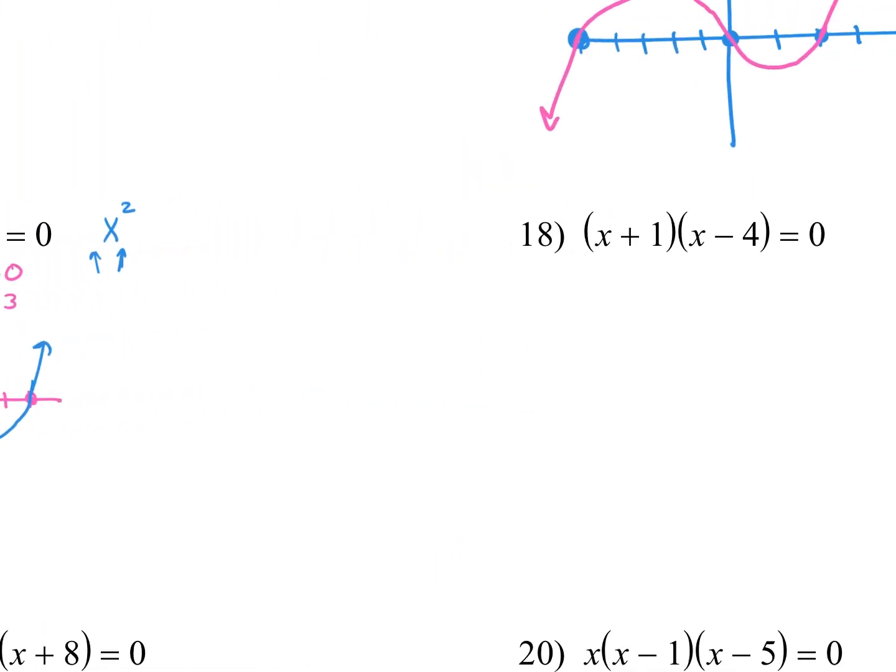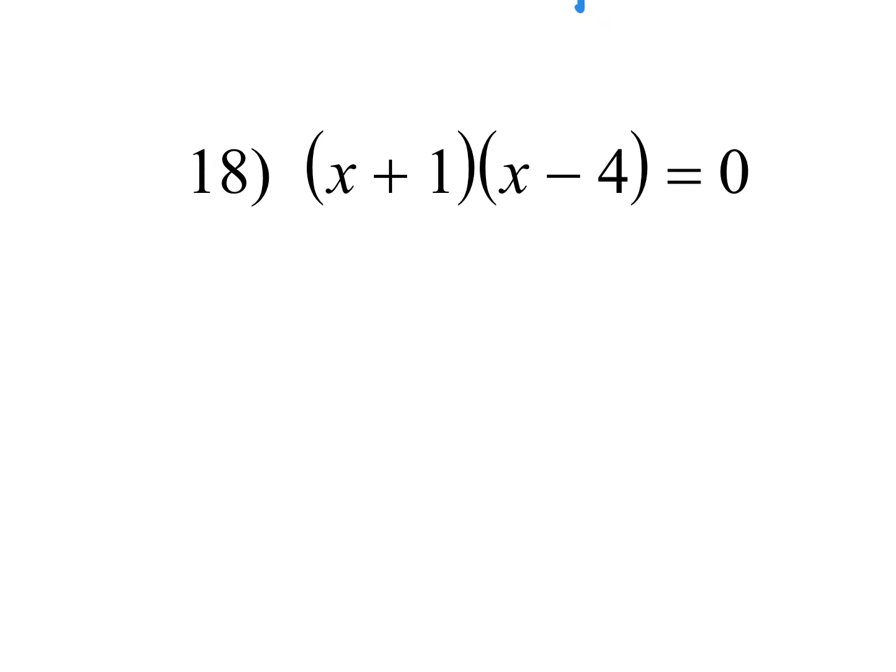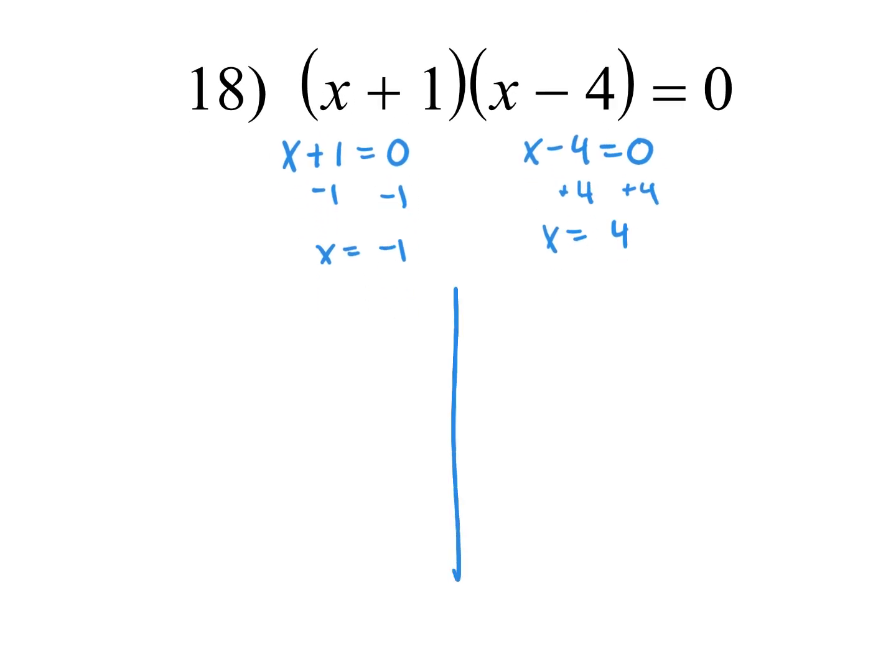All right, 18. How do I find my zeros? x plus 1 equals 0, x minus 4 equals 0. Then solve for x. So x is equal to -1, and x is equal to 4. All right, so put those points on your graph.